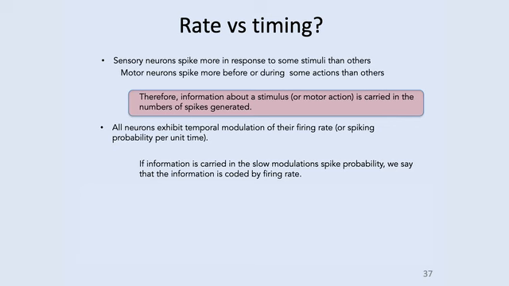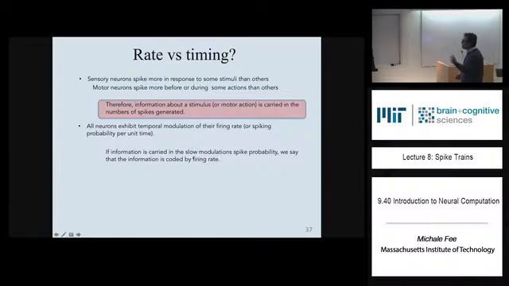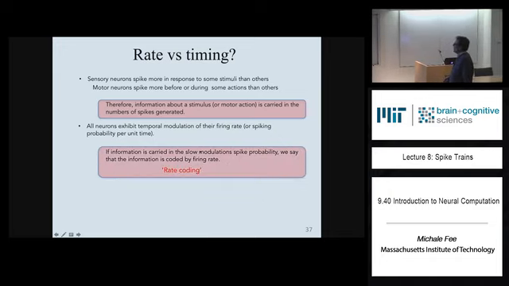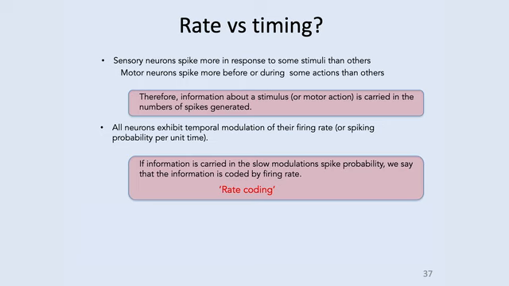Sometimes that information is carried by slow modulations in the firing rate. For example, the response to different oriented bars is carried in the average firing rate of the neuron during that particular stimulus. And we can refer to that kind of coding, that kind of representation of information, as rate coding.